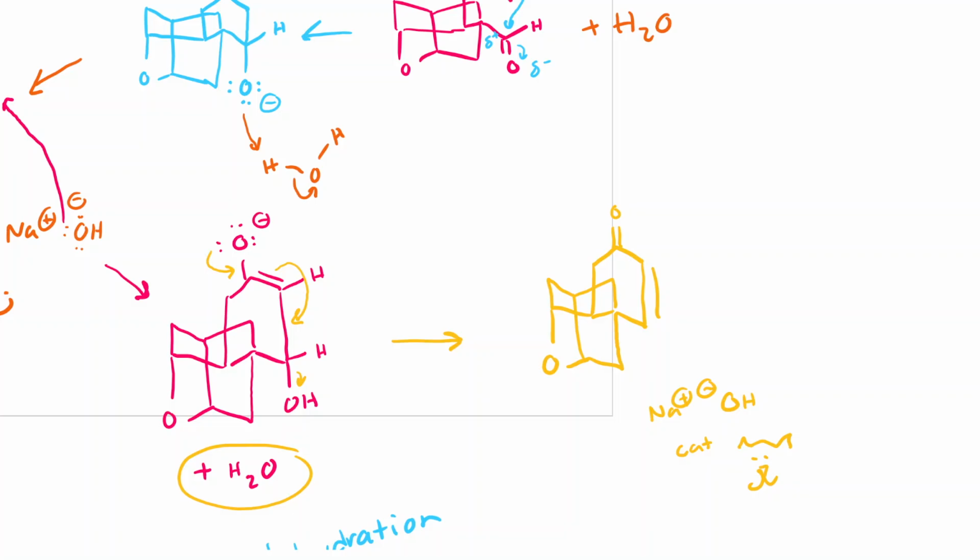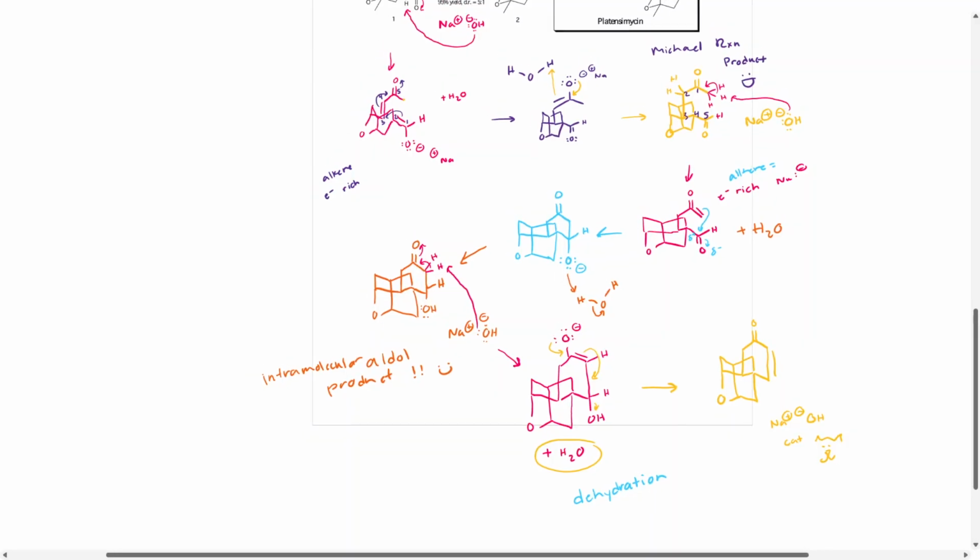And now we have finished the worksheet. This is just basically a bunch of proton transfer madness, the sodium hydroxide going crazy, being a strong base, wanting to deprotonate stuff.